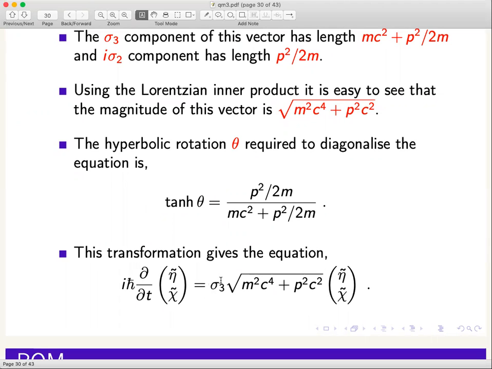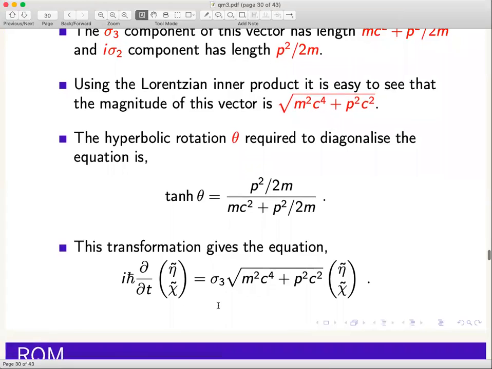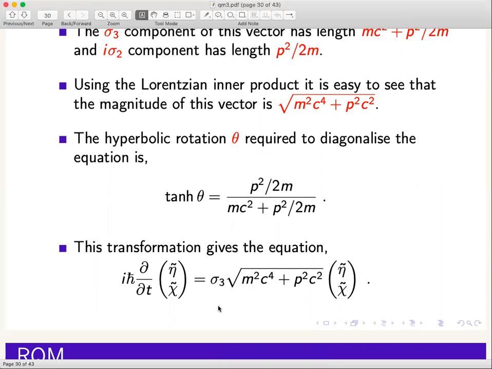Now it is sigma 3 which tells you that eta tilde is a positive energy solution and chi tilde is a negative energy solution, because sigma 3 has diagonal entries 1 and minus 1. So at rest, eta and chi were positive and negative energy solutions, but for arbitrary momentum, eta tilde and chi tilde are the correct positive and negative energy solutions.